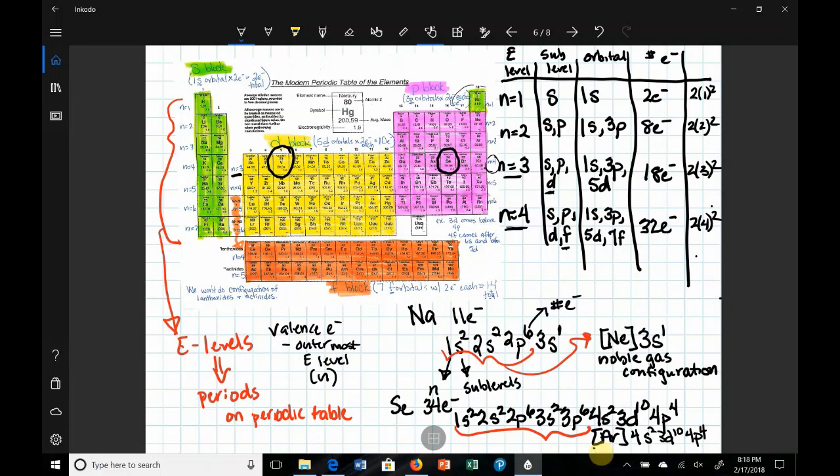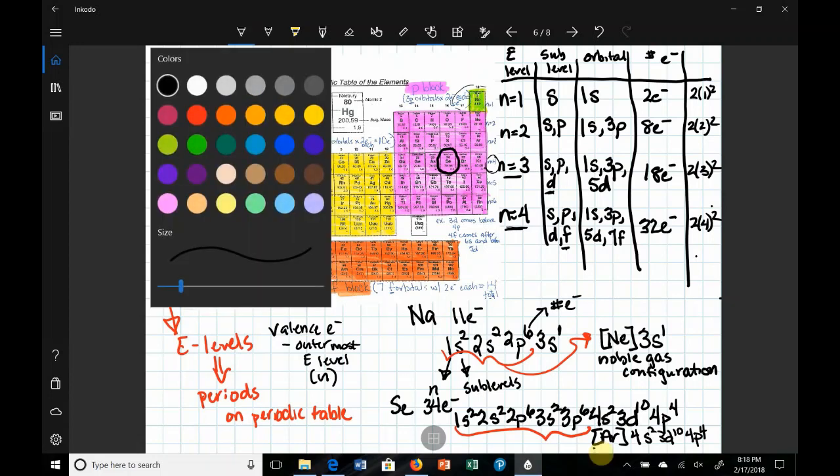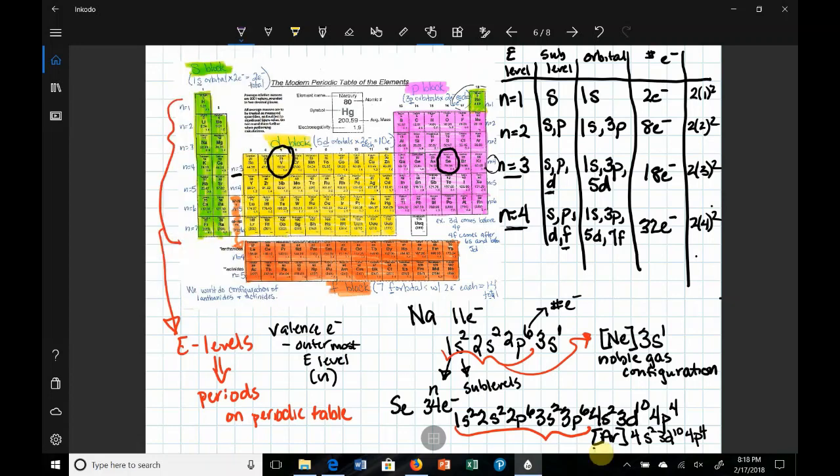Well, if we look at the electron configuration, we notice that 3s, these electrons are found in 3. Let's use a different pen color. Let's use purple. Notice that the highest energy level is 3, so sodium has 1 valence electron, and we know that because it's found in group 1 right here.